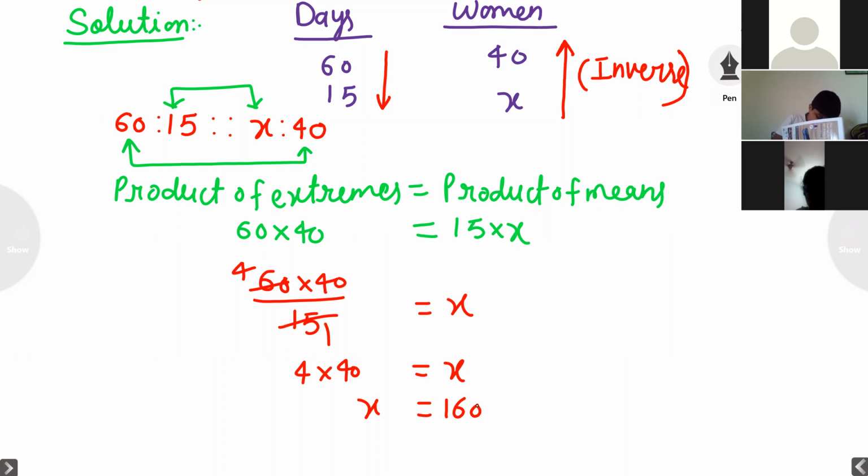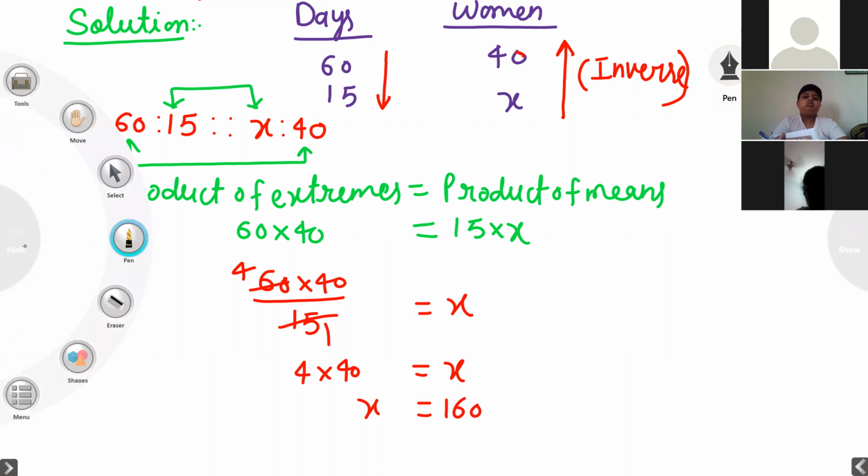Again, I am stressing, students: in the case of inverse variation, I want to write from bottom to top on the right side. 60 is to 15 is the same as x is to 40. X is to 40, I am stressing this again. The value of x is equal to 160.